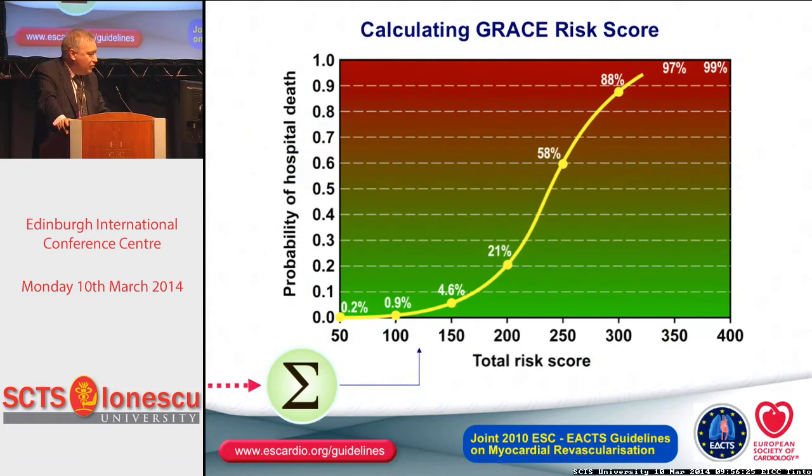Okay. So the interesting point is the sigmoid curve. When you compare probability of hospital death and the risk score, you see that up to 100, the risk is very low. Starting at 150, the curve goes up, and when you have a risk score above 200 and especially 250, the probability of hospital death, doing nothing, is extremely high.